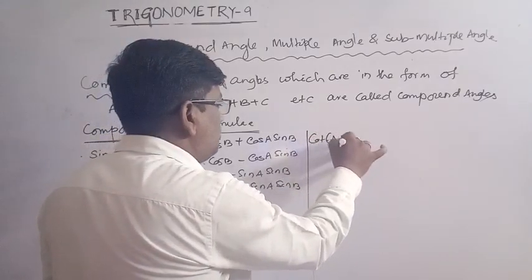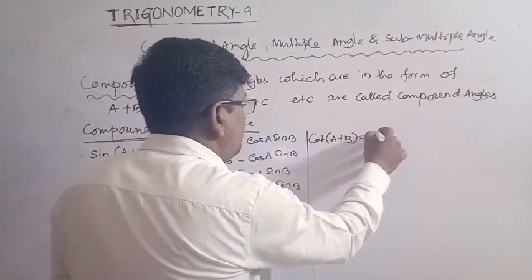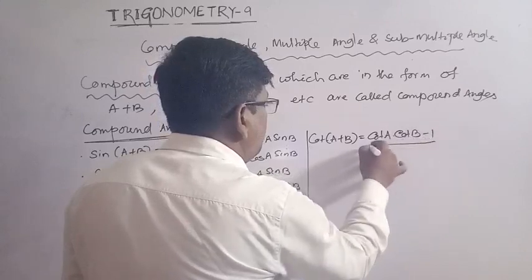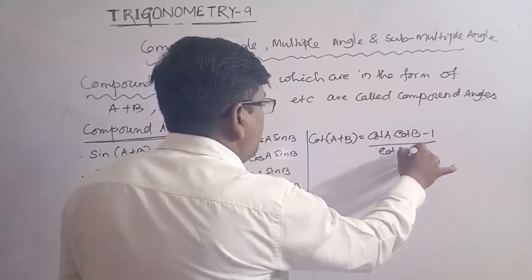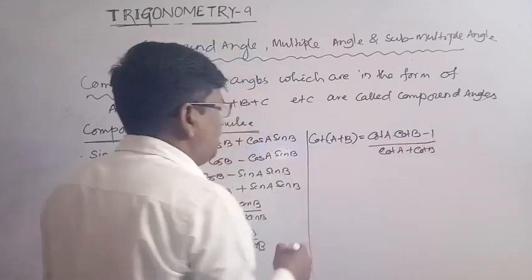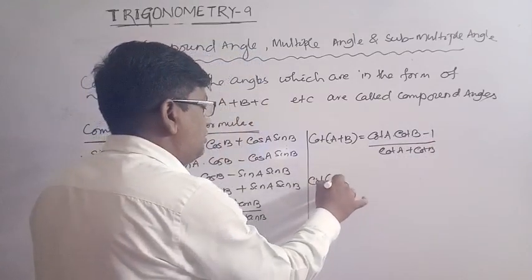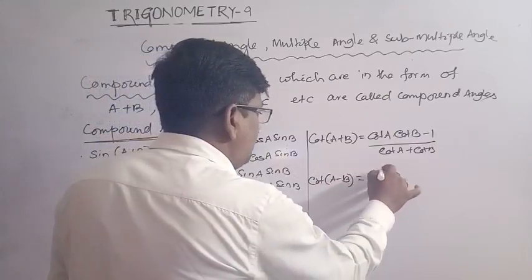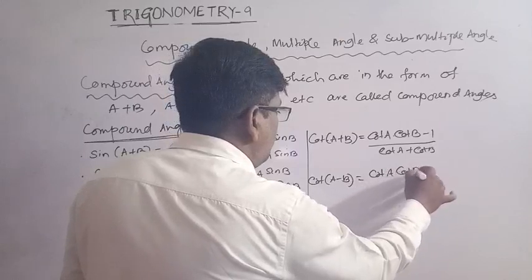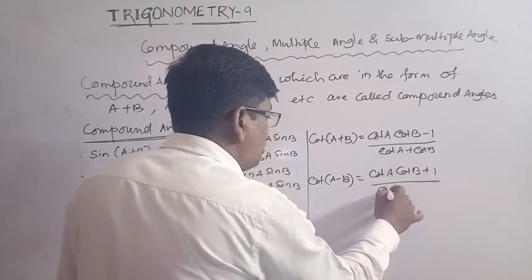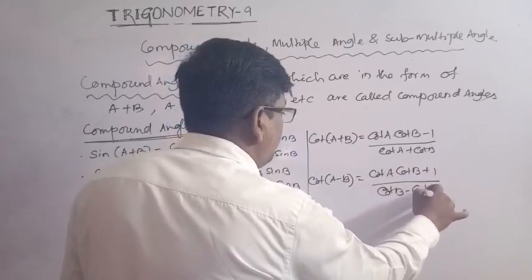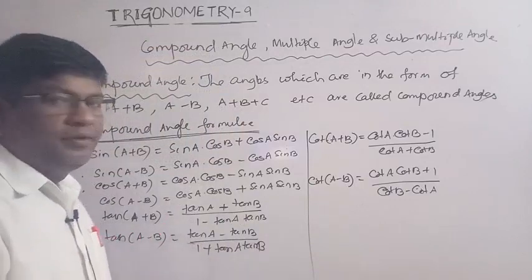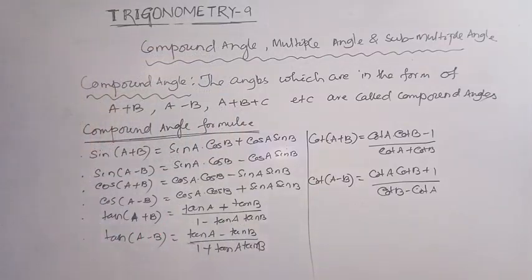Cot of a plus b is equal to cot a into cot b minus 1 divided by cot a plus cot b, and again cot a minus b is equal to what? Cot a into cot b plus 1 divided by cot b minus cot a, okay? These are the standard formulae of the compound angle.